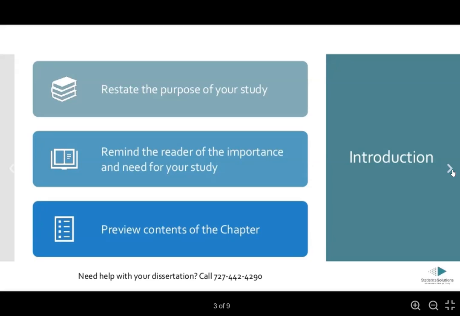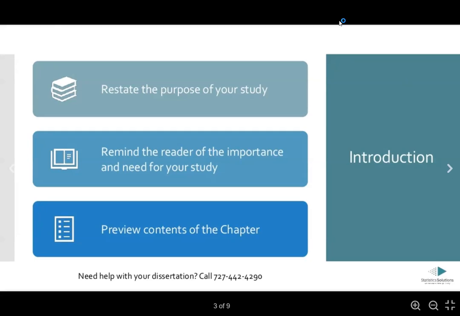Next, you will want to remind the reader of the importance and the need for your study. So again, just highlighting maybe some of the gaps in the literature or some of the things that you have identified as why the study needs to happen. So it could be that you are exploring maybe some variables that haven't been explored before, or maybe you're exploring them through a different lens.